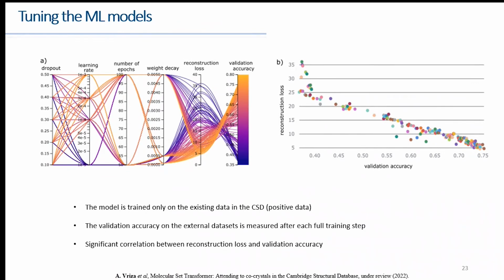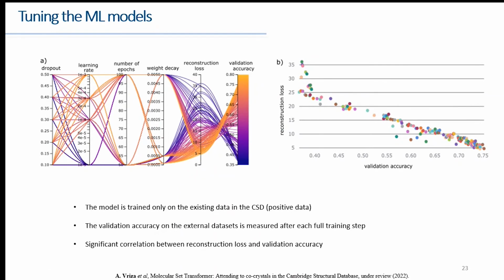Having now collected all the data and built our model, we have everything set, and we are trying to train our model based only on the known co-crystals extracted from the CCDC. These are the outputs of the Weights and Biases library that were used, showing how the hyperparameters are tuned. On this panel, we can see how the validation accuracy changes by modifying our hyperparameters and by decreasing our reconstruction loss.